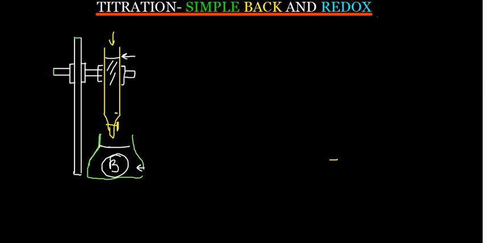Now when you're talking about a back titration, as we were saying, you are going to have A and B reacting to form some certain product C. Mostly in the first reaction, you have got something that is in excess. You know that A is in excess, right? And then you know that B is limiting. So the first thing that you do is you are not even interested in putting these in the burette for the first part.